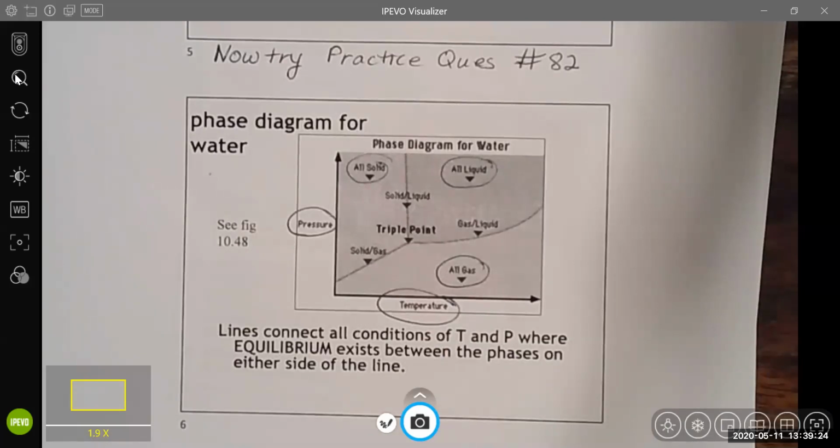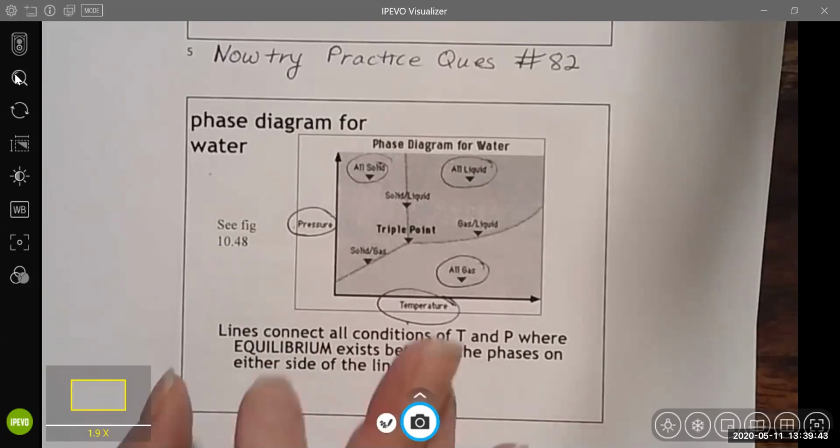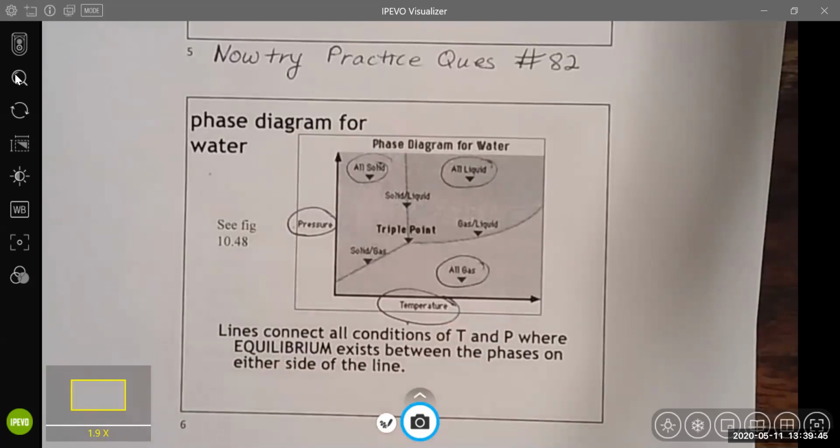Carbon dioxide can also be turned from a gas to a solid. So what phase it's in depends on the pressure and the temperature, but it also depends on intermolecular forces. All of those substances can undergo these changes from solid to liquid to gas, but what temperature and pressure it happens at is dependent on their intermolecular forces.